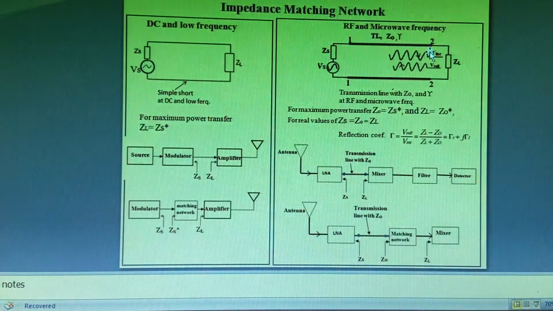Whenever it comes to terminal 2, a discontinuity in the load occurs. Discontinuity means it is traveling over a characteristic impedance Z0, but whenever it enters terminal 2, an impedance change is there. That is called a discontinuity.